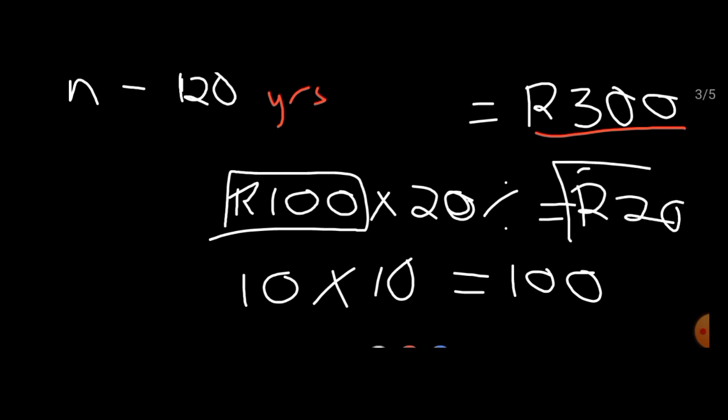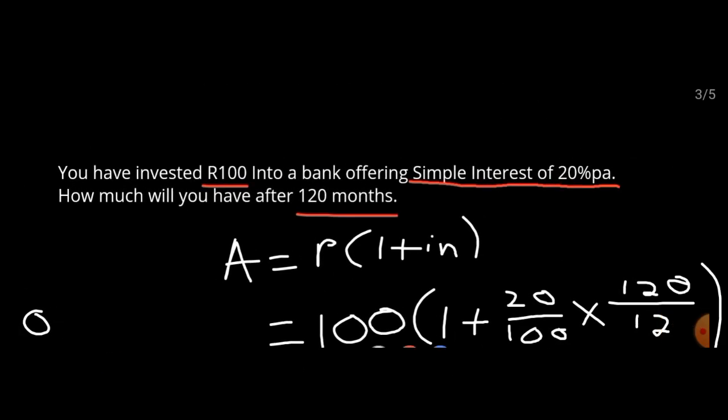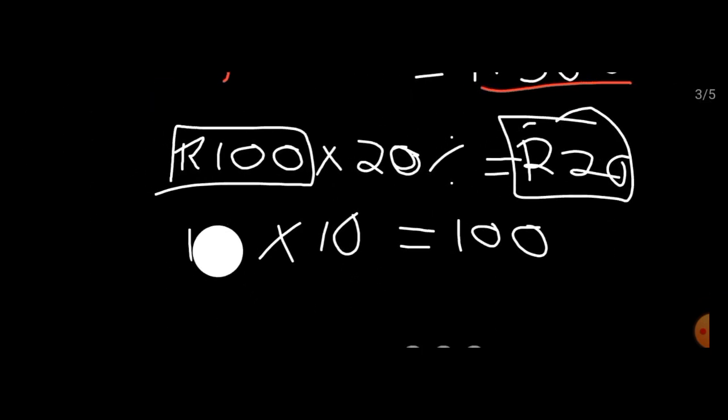Why do we say every year? We see it by the words per annum, PA, which means every year. So they will increase it every year by 20 rand, and they do that up until 10 years. That's why I took 20 rand and multiplied by 10 years, and 20 multiplied by 10 gives you the value of 200.